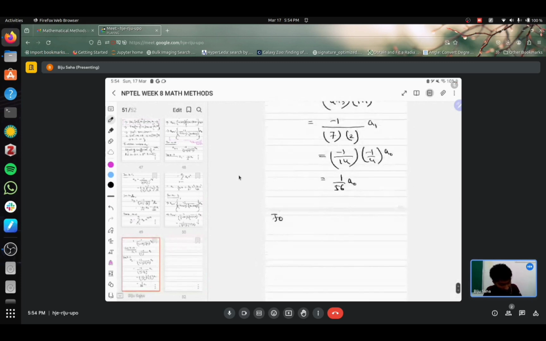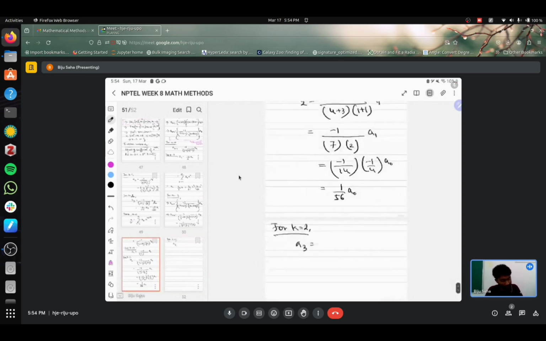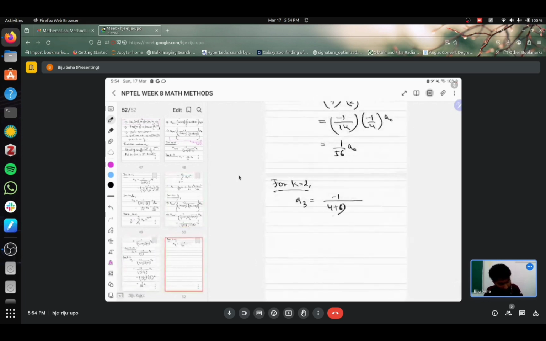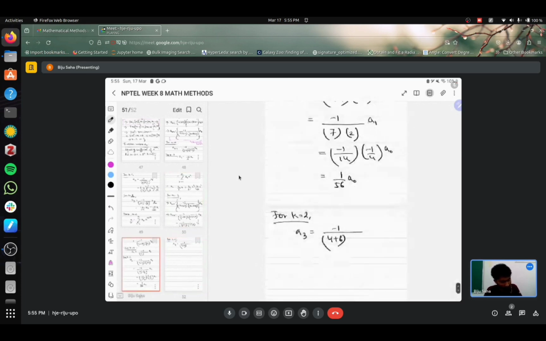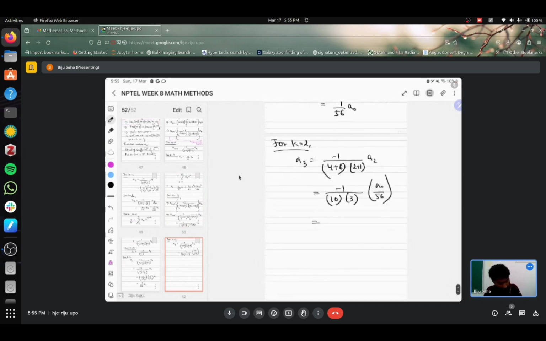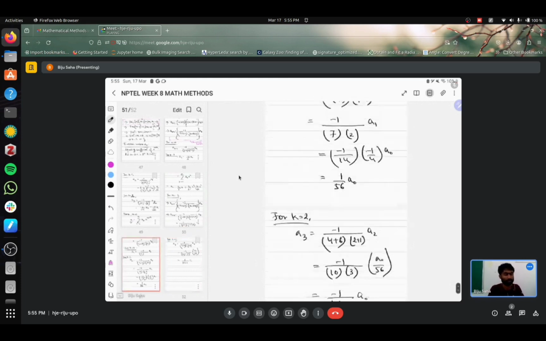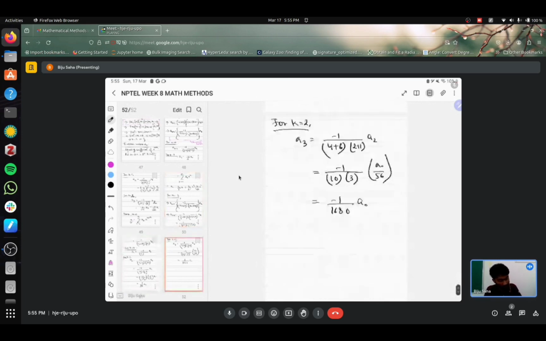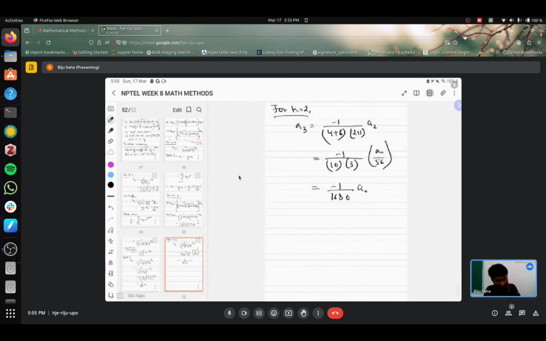Also for k equal to 2, you have a3 equal to this. So we have obtained various values of a's, that is a1, a2, and a3.